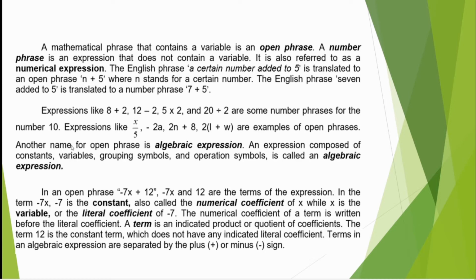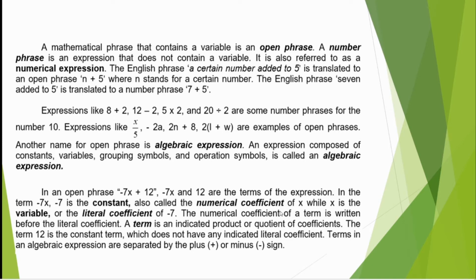In an open phrase, negative 7x plus 12, negative 7x and 12 are the terms of the expression. In the term negative 7x, negative 7 is the constant, also called the numerical coefficient of x, while x is the variable, or the literal coefficient of negative 7.